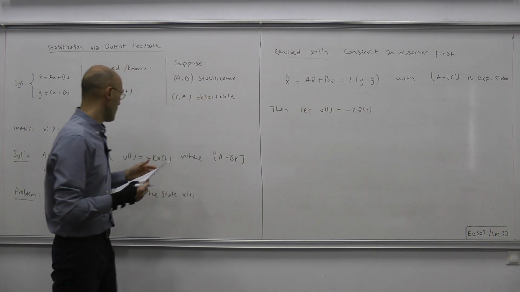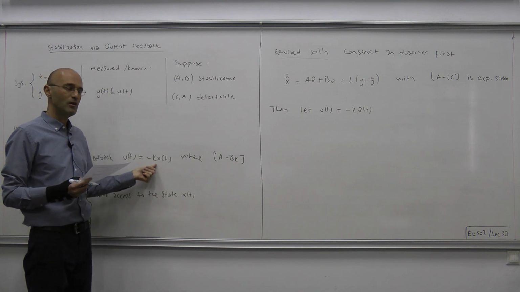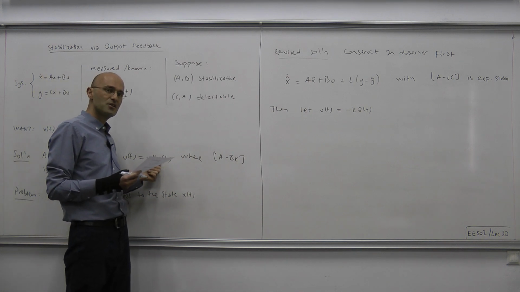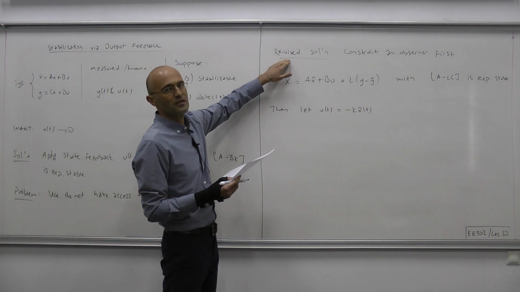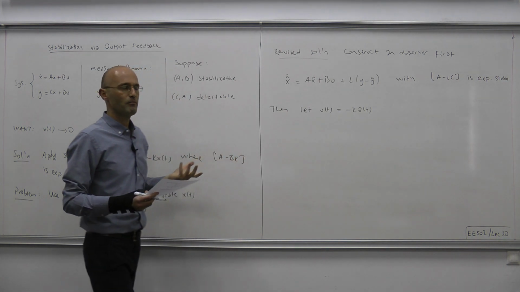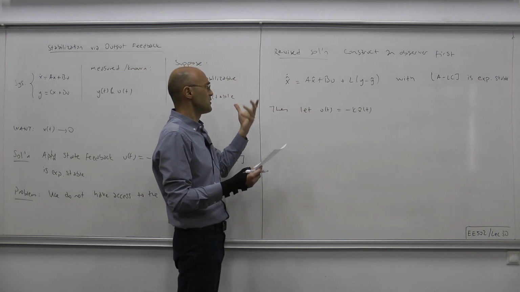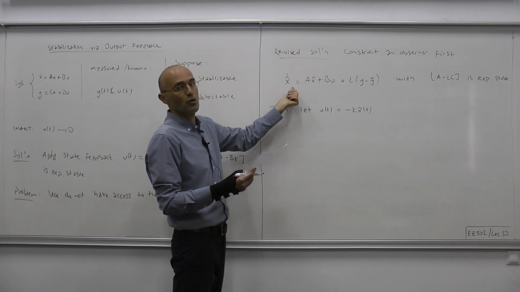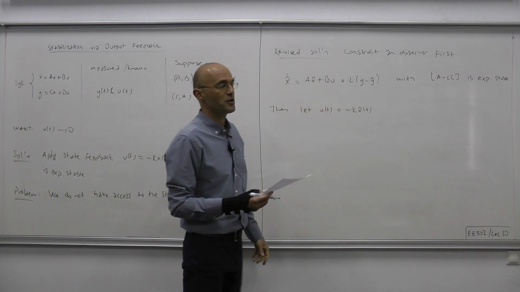Okay, now the problem with the first suggestion was that it was not feasible because we didn't have direct access to x of t. As far as the revised solution is concerned, there is no feasibility problem, because there's nothing that prevents us from constructing this observer or choosing L such that A minus LC is exponentially stable.